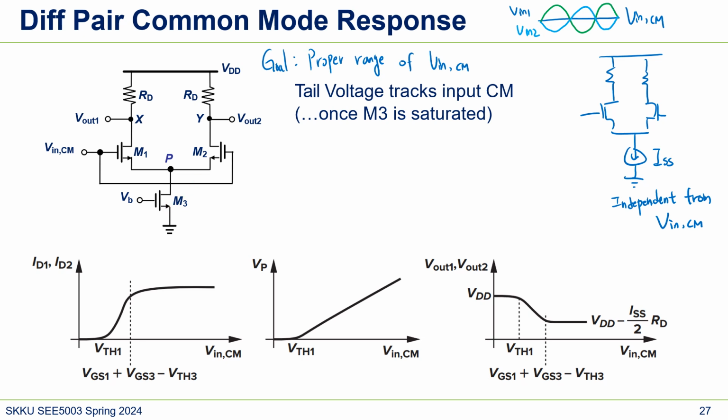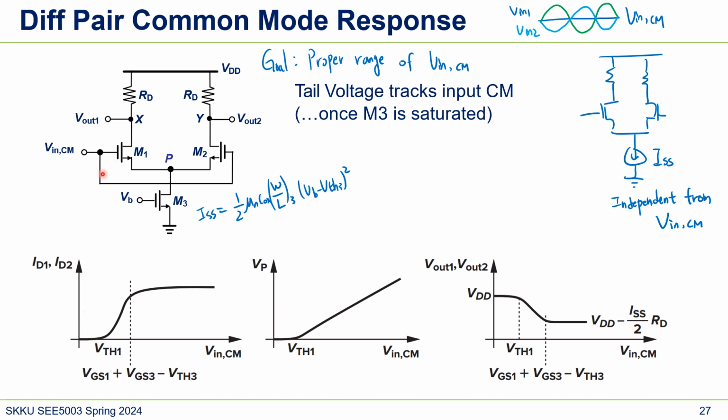So this ISS is one half, and then VB minus VTH squared, ignoring the channel length modulation. If VinCM is 0, but this NMOS tries to flow the current, so VP will go to 0. So like here, if VinCM is 0, then VP is 0, right?